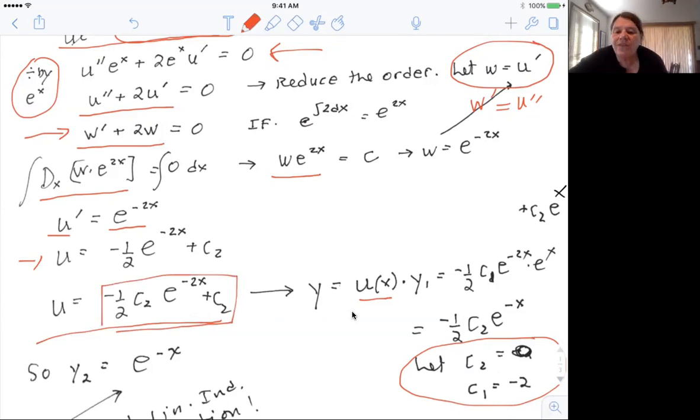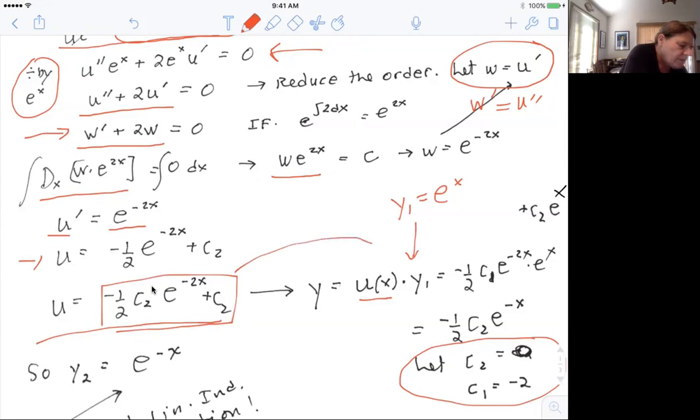Now remember, y1's the one that I knew. So y1 is e to the x, right? That thing right there is what we started with. We said, well, we know one, we're going to call it y1. The y that I'm trying to find is u of x times the one I know. I've found u. So when I take this thing right here and multiply it by y1, I get, and I had trouble because I was running out of room here, but when I multiply it out, I get this.